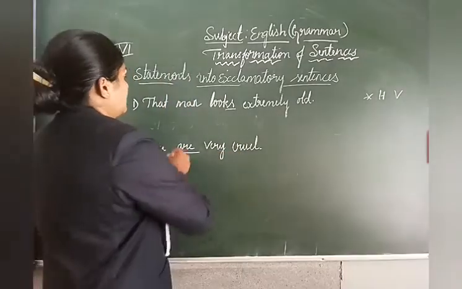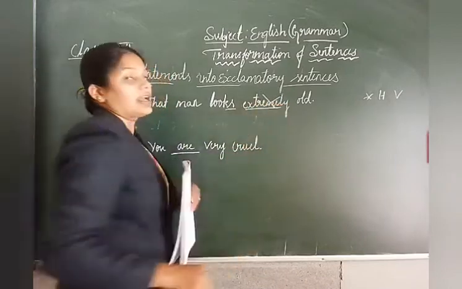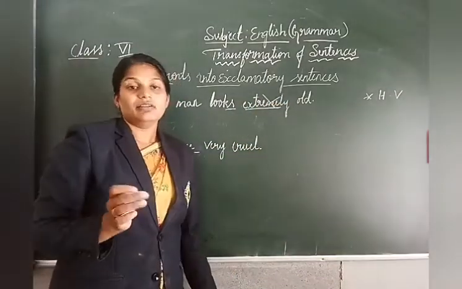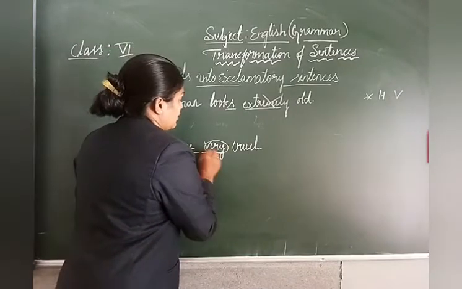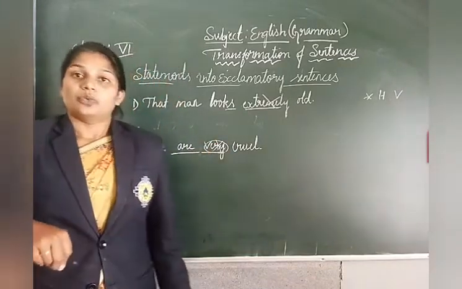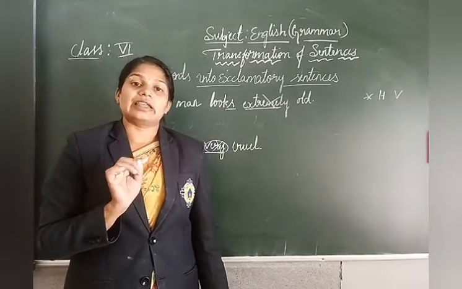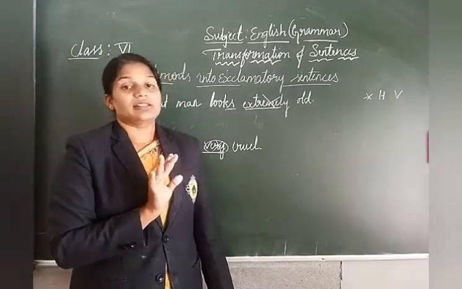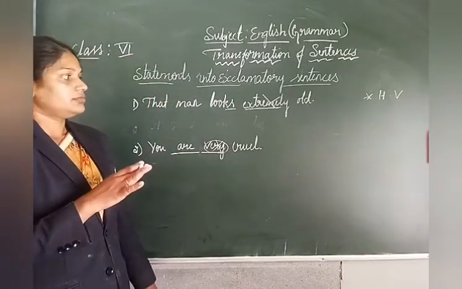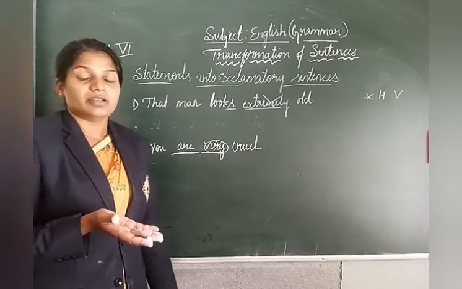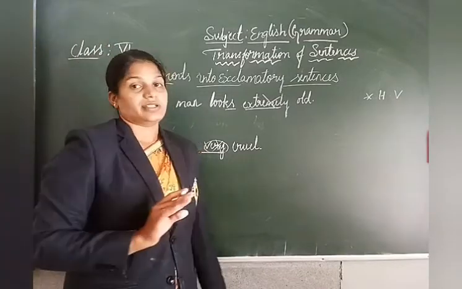So, here, that man looks extremely, we have to cross out while changing the statements. And here, you are very cruel, you have to cross out very. We should not write those words in the exclamatory.